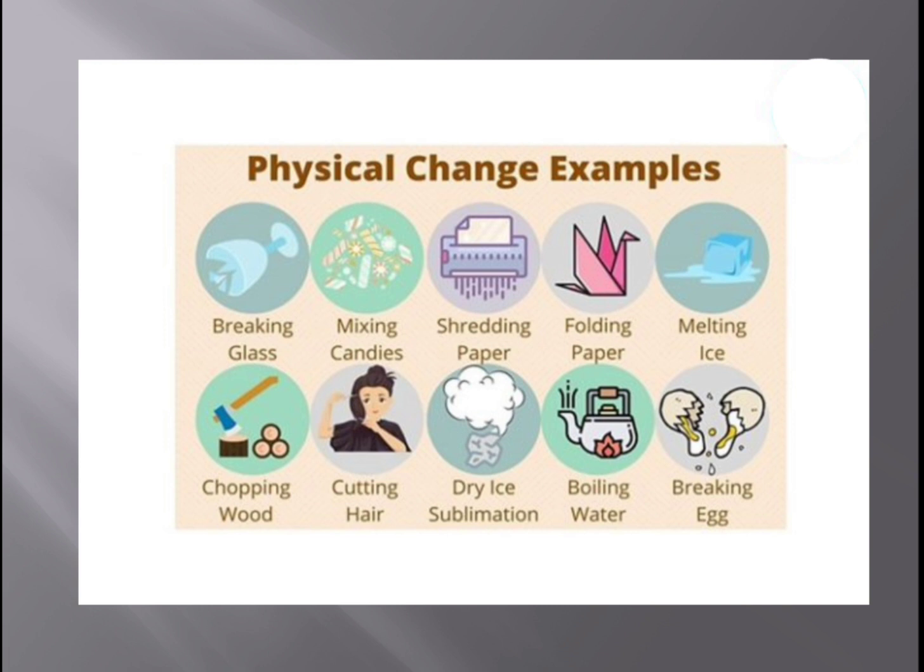Then that is called a physical change of the object. Okay, when you break the egg, the yolk present in it will come out, no new object is formed, what is inside it has just come out. When you fold the paper, the shape of the paper has been changed, but nothing has formed, isn't it? Melting the ice also.